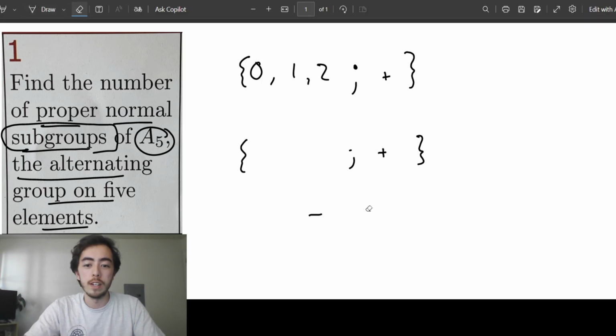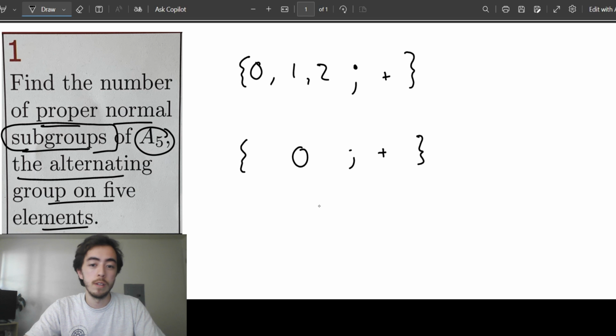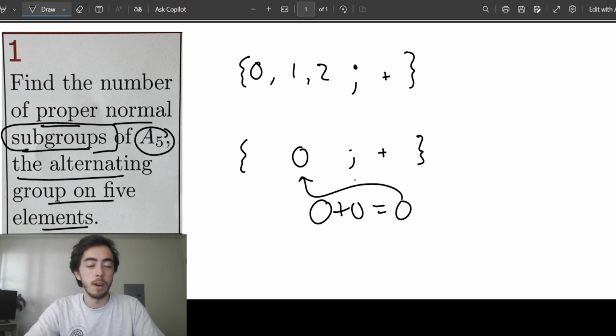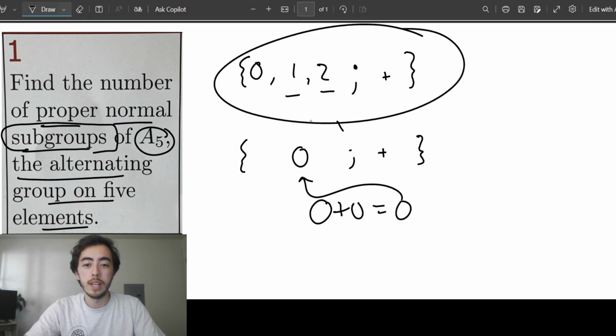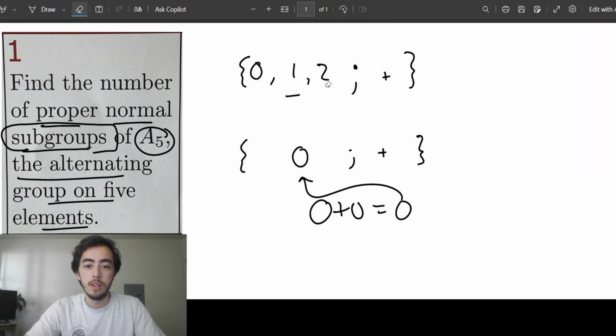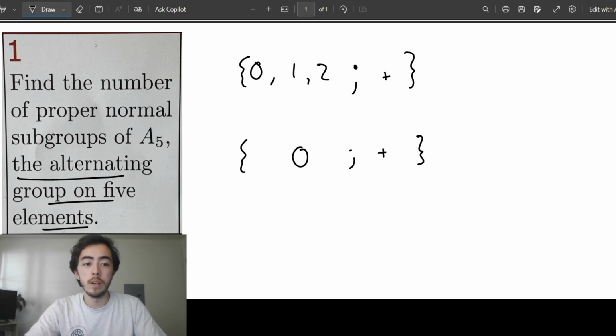Sorry, I think the only proper subgroup of this guy would be just with the element 0, because with 0, I'm kind of stuck just getting back to where I'm at, 0, and I can't figure out how to get either of the other elements from the big group into my subgroup. So here is an example of a group, and its one and only proper subgroup.